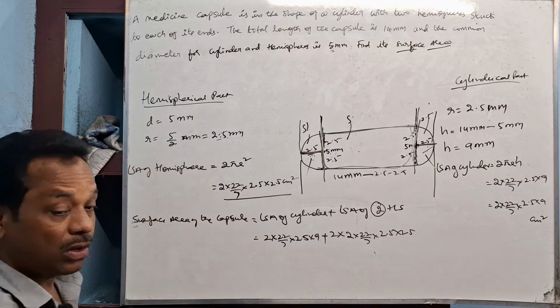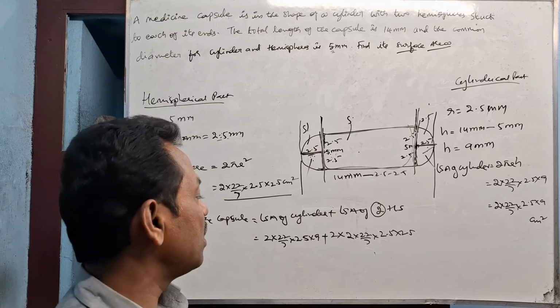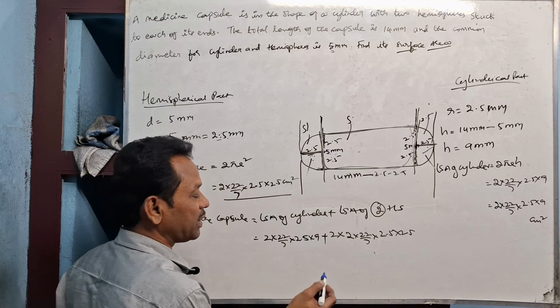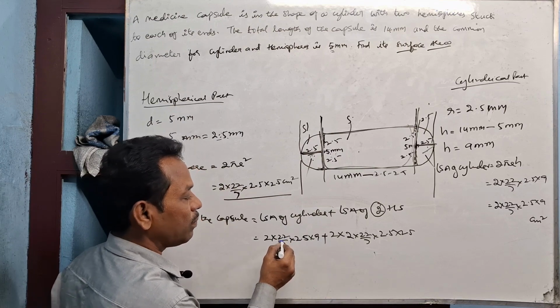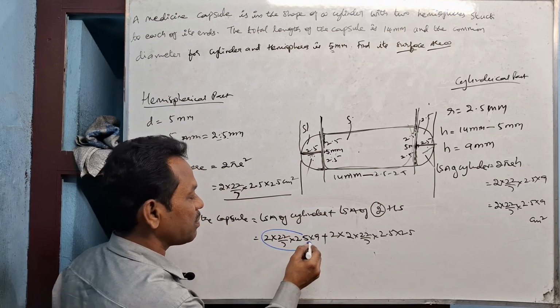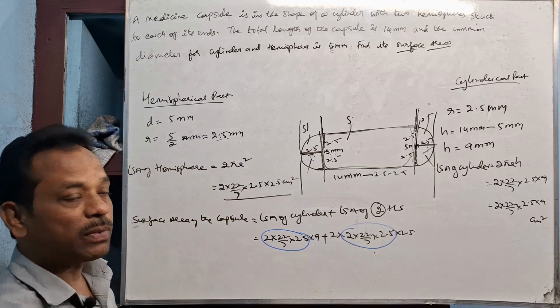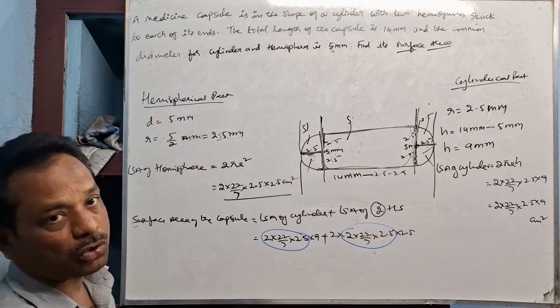Understood, bacho? Now let me simplify. Let me take the common things in both the terms: 2 into 22 by 7 into 2.5 is common to both the terms.